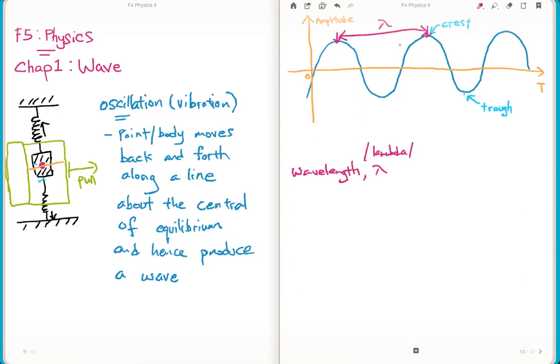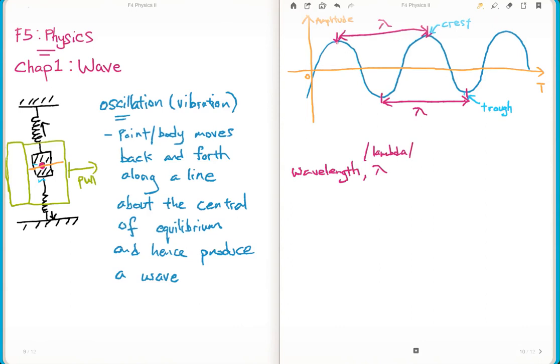Or trough to trough, one wave. This is considered one wave. The distance is measured in centimeters, nanometers, micrometers, depending on what kind of wave we're talking about. Another way to look at it is that it comprises 4 quadrants.